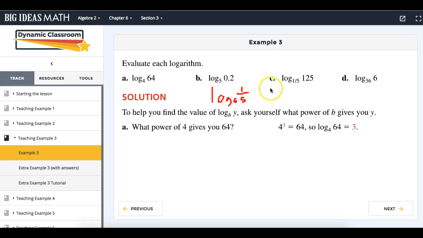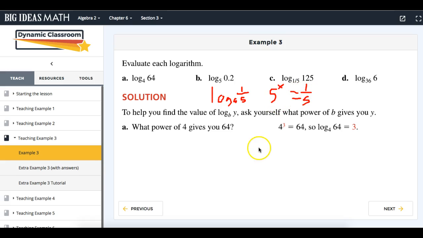So think about what number, if we have log base 5, that means that our base with our exponent is going to be base 5. So we're trying to figure out what exponent with a base of 5 gives us 0.2 or 1/5. So what exponent, when we have a base of 5, is going to give us 1/5?